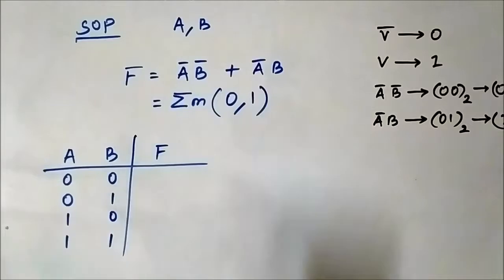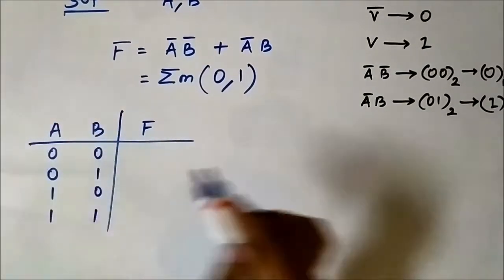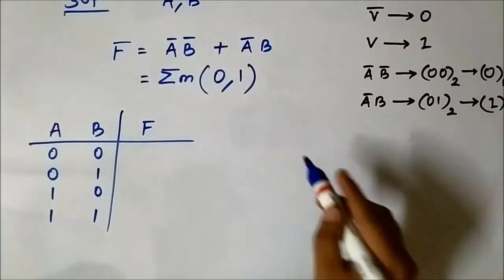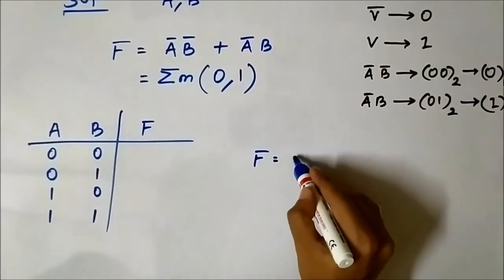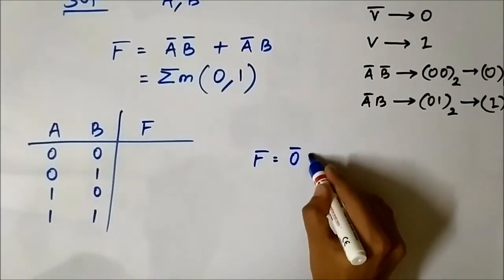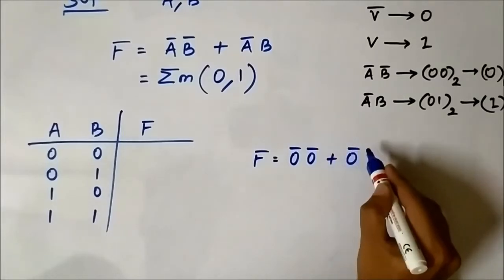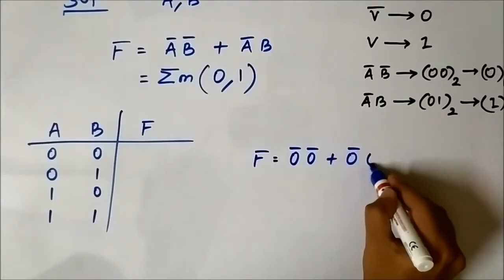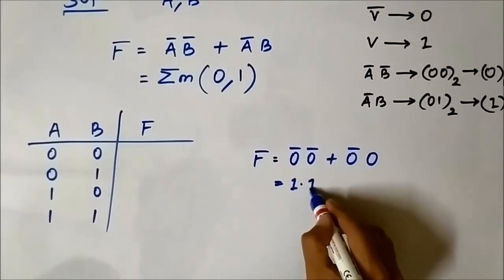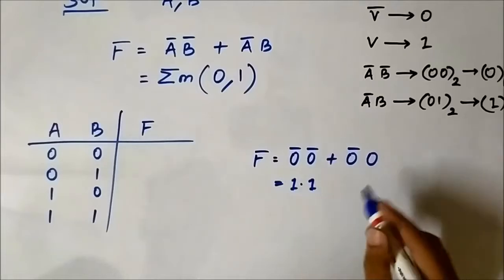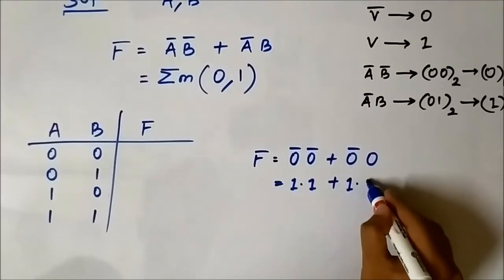Now let us put the respective values of A and B from the input combinations into the output expression. First, A and B are 0, so F will be 0 bar into 0 bar plus 0 bar into 0. So it will be 1 into 1 plus 1 into 0.